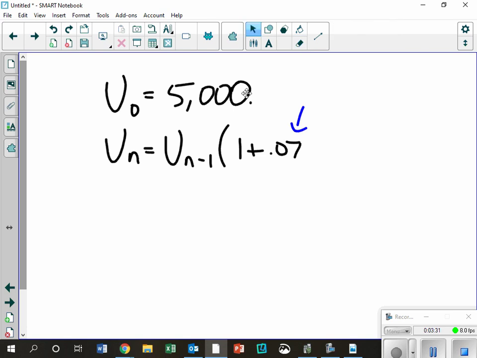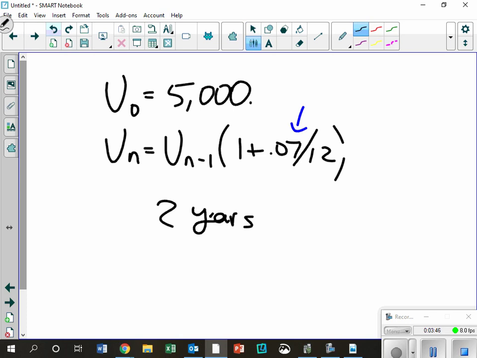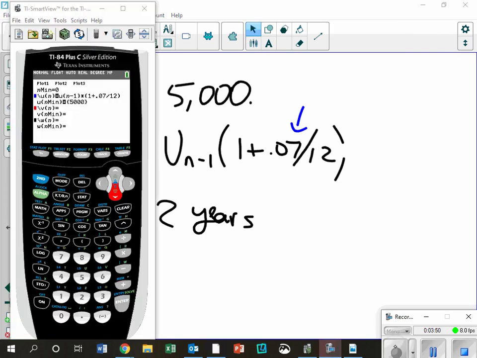And for this project, remember me saying we're always going to be dividing by 12? All right, so would you please put that one into your calculator if you haven't already. And I'd like you to tell me, after 2 years, how much money do you have? Pause while you give that a try.